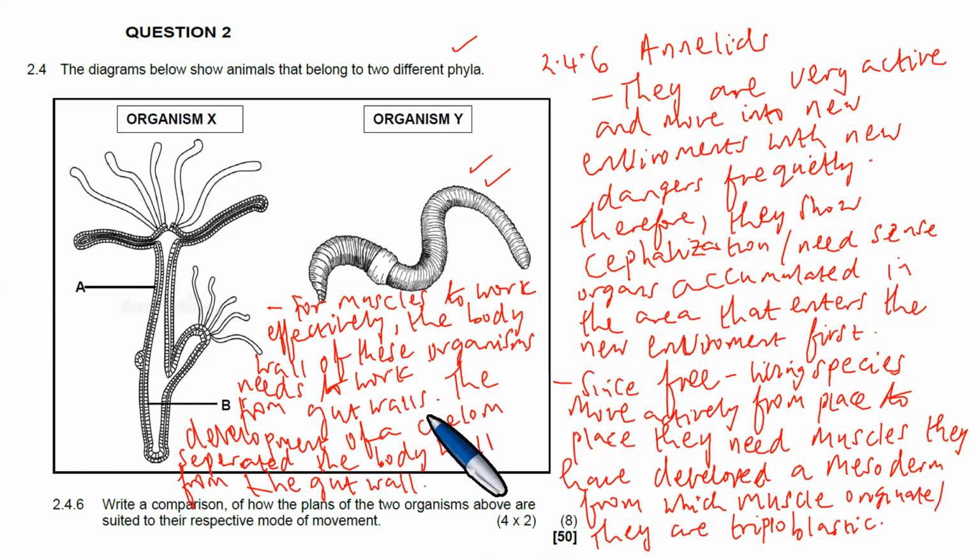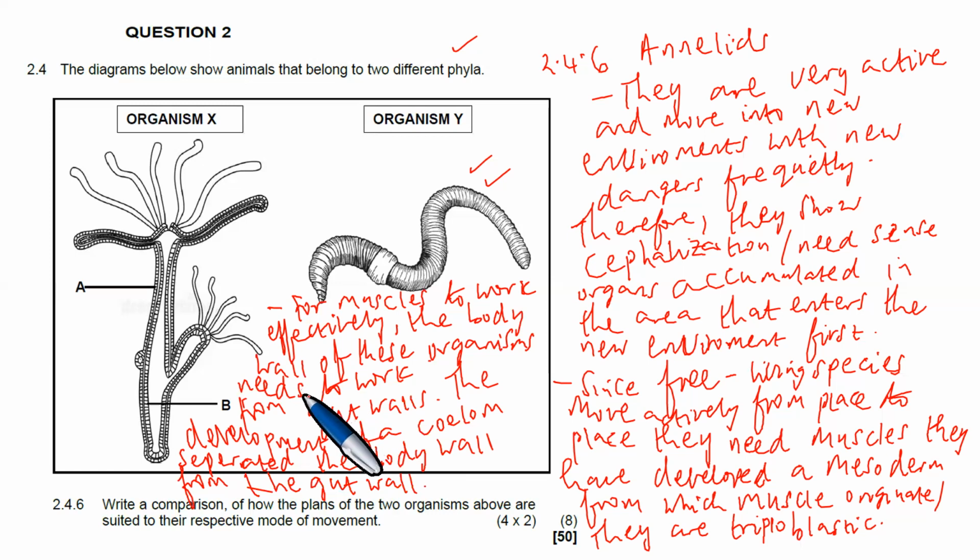Therefore, we are saying that for muscles to work effectively, the body wall of these organisms needs to work independently from the gut wall. We need to make sure this point is very clear.